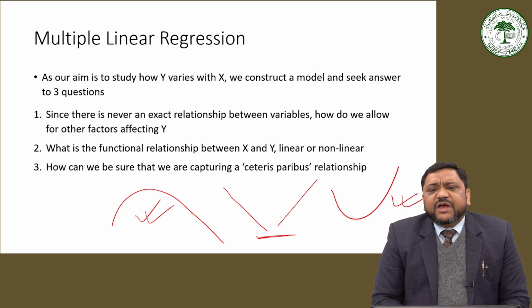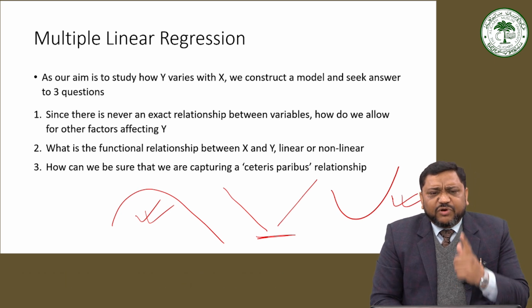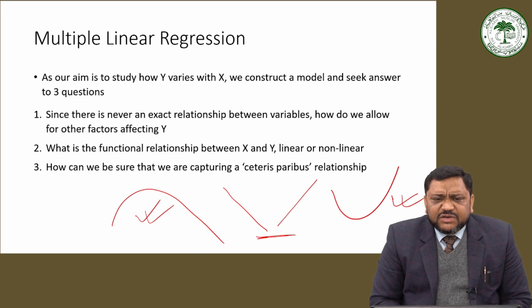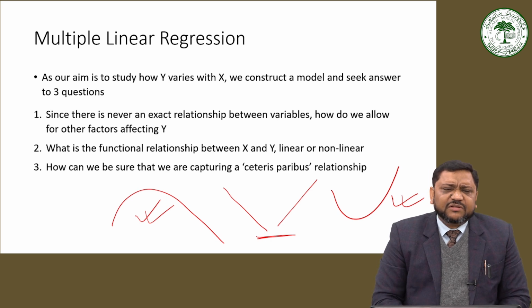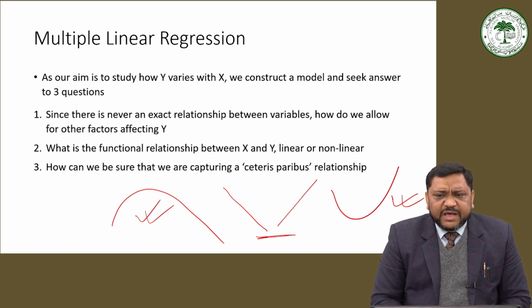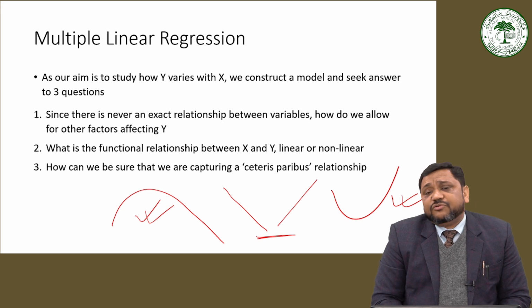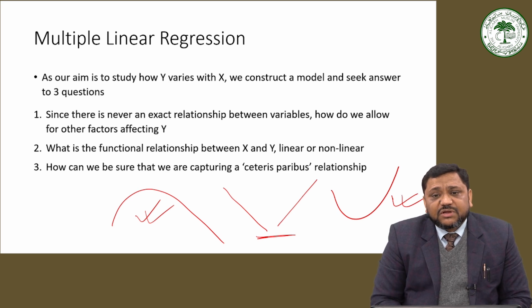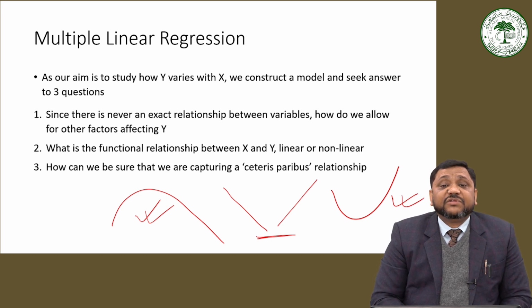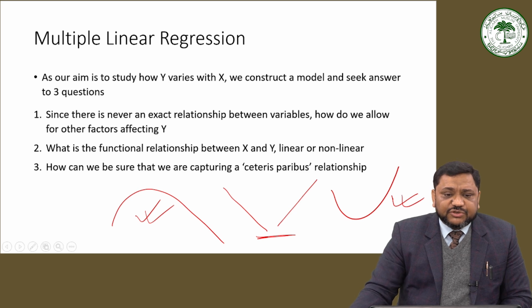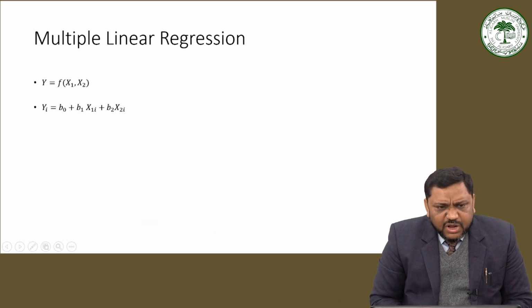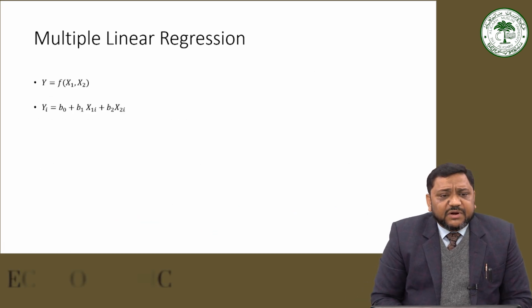Even if we are interested in studying only one independent variable, even if we are interested in just taking the effect of one variable x1, we still need to introduce all the other variables. Then only can we have this ceteris paribus relationship. So we can define multiple regression.